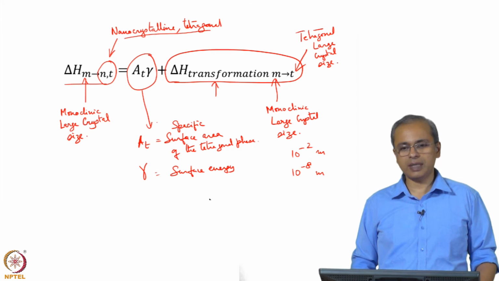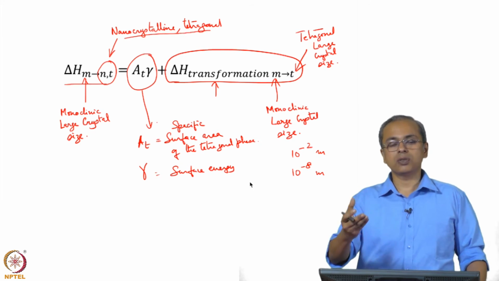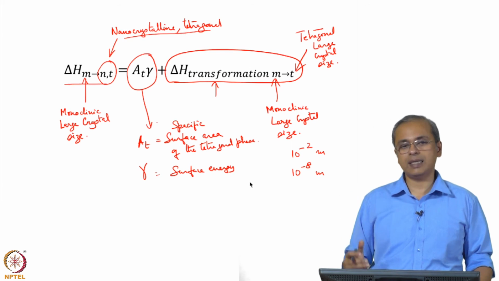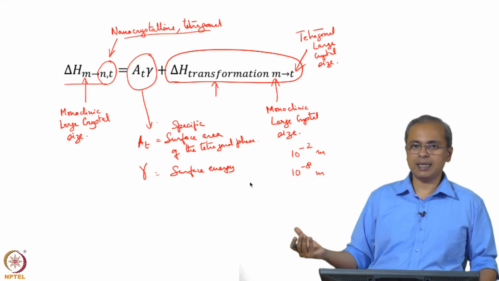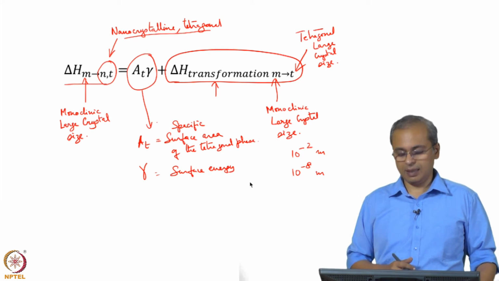So, the radius is going from 10 power minus 2 to 10 power minus 8. So, you are looking at 6 orders of magnitude difference in radius, and therefore, say 12 orders of magnitude difference in the surface area.